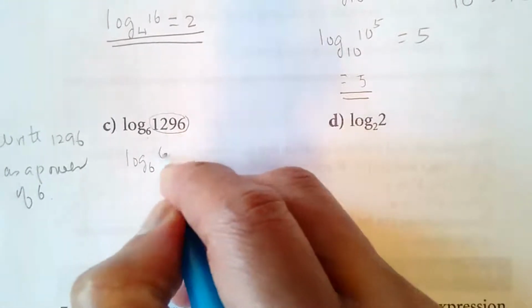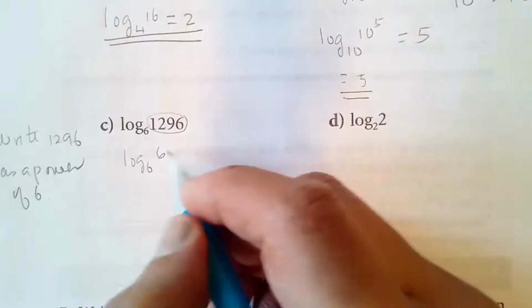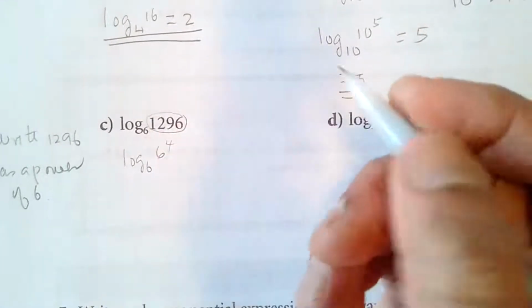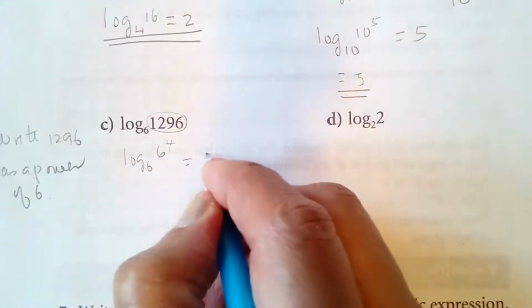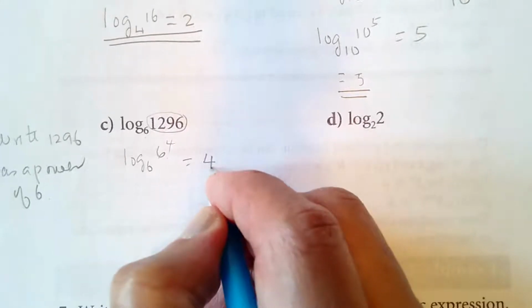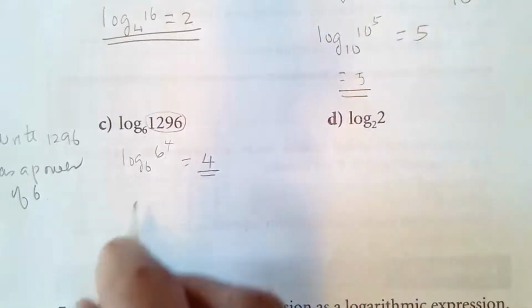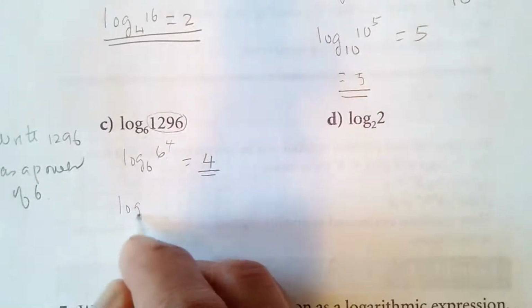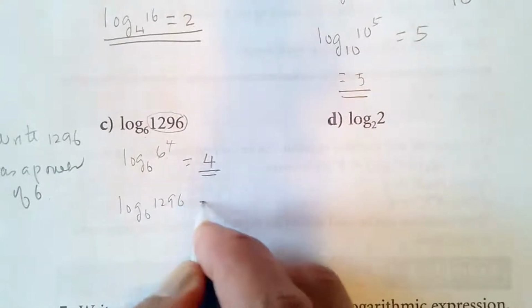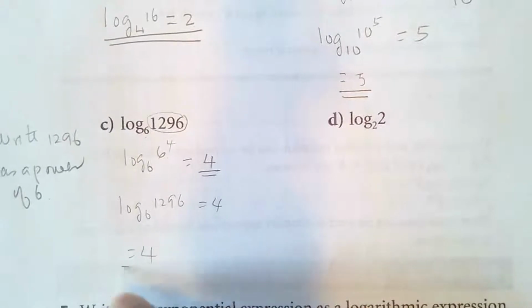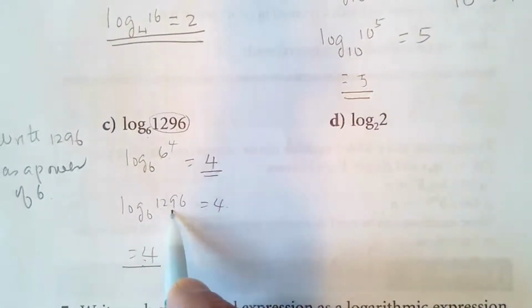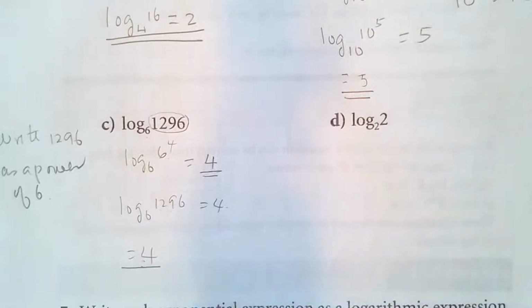Now, how many times can 6 be multiplied to give us 1296? And the answer is 4. So log base 6 of 1296 is equal to 4, because 6 to the power of 4 gives me 1296.